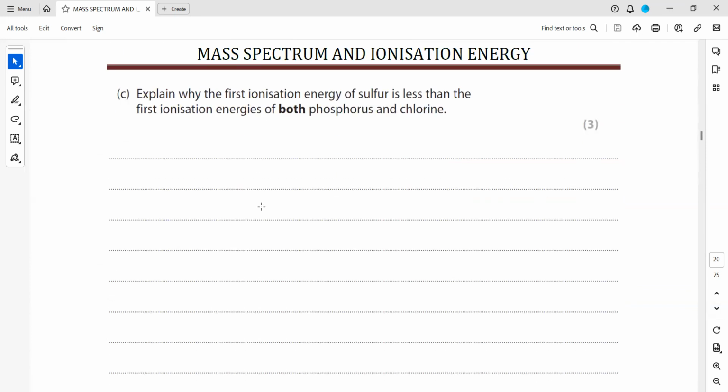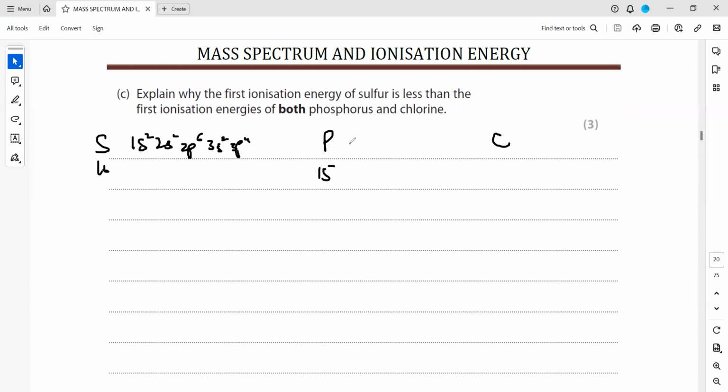Explain why the first ionization energy of sulfur is less than the first ionization energy of both phosphorus and chlorine. To answer this type of question, the best thing is electronic configuration, because sulfur is there, phosphorus is there, and chlorine. Sulfur is 16, we just wrote 1s2, 2s2, 2p6, 3s2, 3p4.